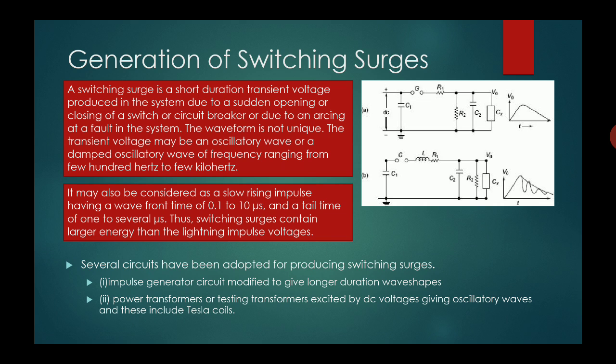It is also of two types: one where the output goes straight up and comes straight down, and the other where the output oscillates while coming down. So from these two kinds of circuits you can get two kinds of output. It may be considered as a slow rise impulse. As I've told you, the rise time is bigger.